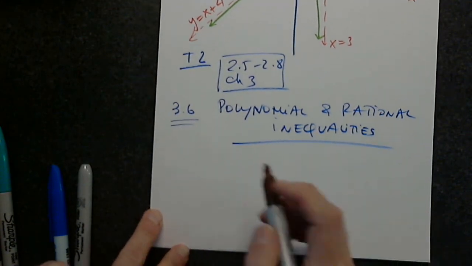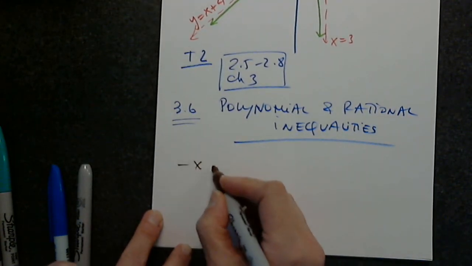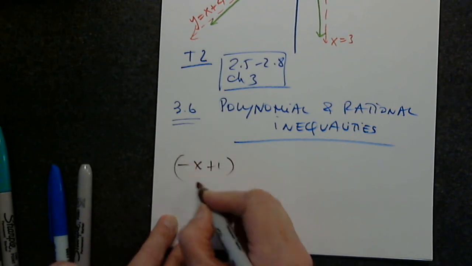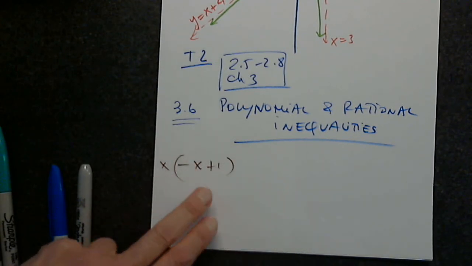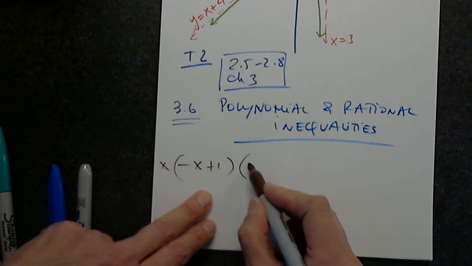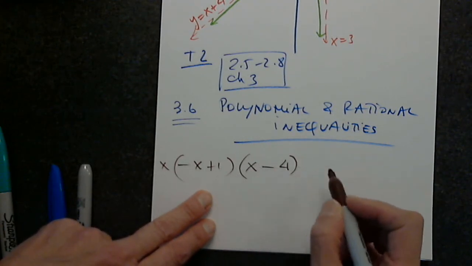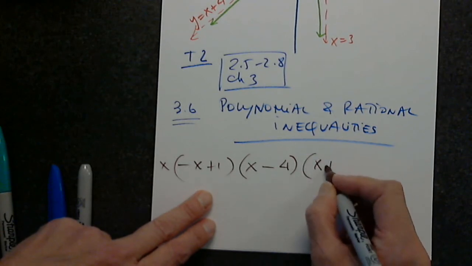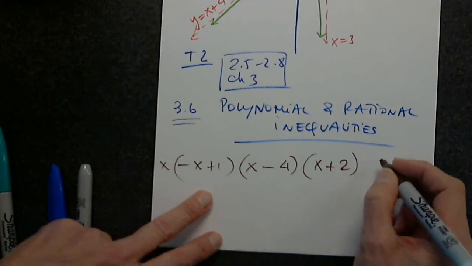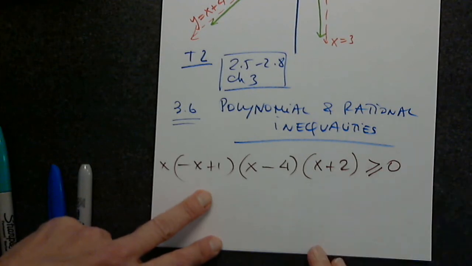So here's one: x times negative x plus 1, times x minus 4, times x plus 2, let's say greater than or equal to 0.